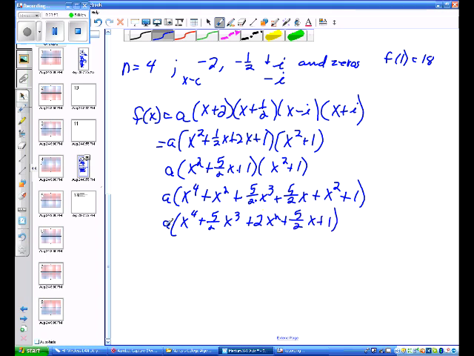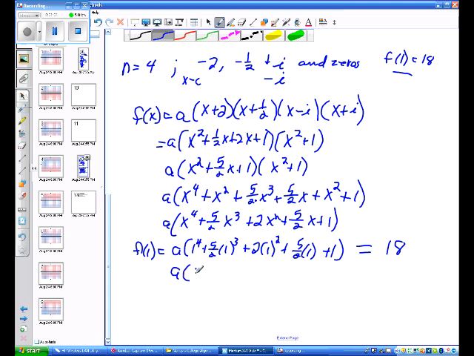plus 1. Now we need to figure out what a is. To do that, we use our other piece of information up here, that f of 1 equals 18, meaning we substitute in 1: 1 to the fourth plus 5 halves times 1 cubed plus 2 times 1 squared plus 5 halves times 1 plus 1.